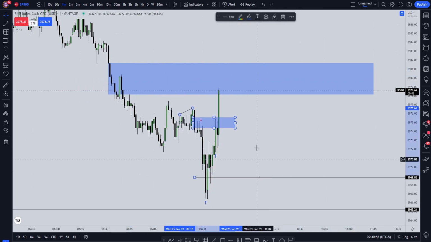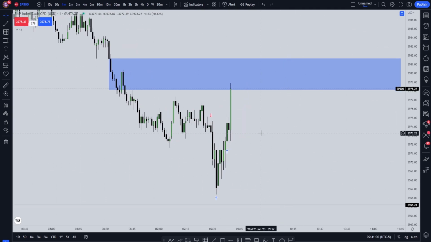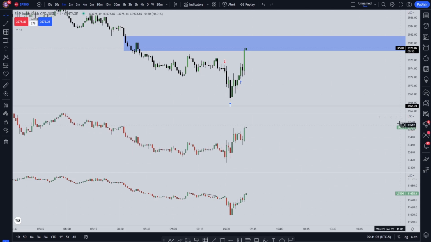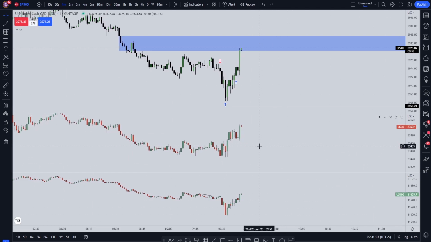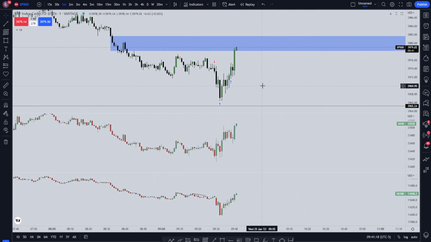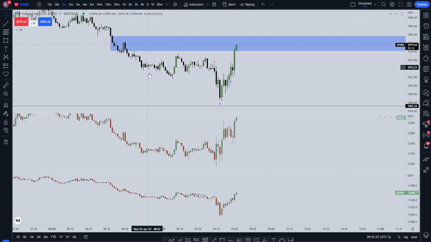So let's see. Just gonna watch until price gives an entry. So yeah, US30 had that SMT from yesterday's 9:30 low. Okay, so if we look at the highs on the Nasdaq, on US30 we've taken this high.